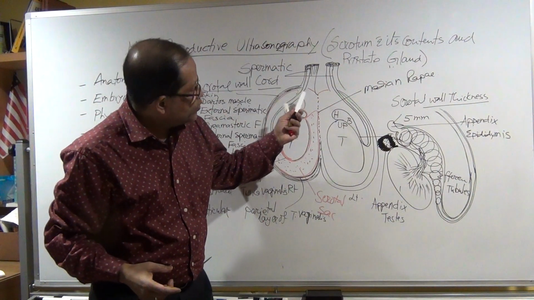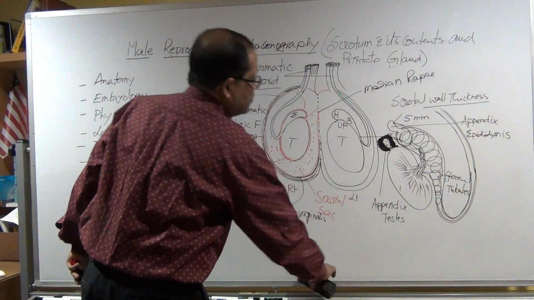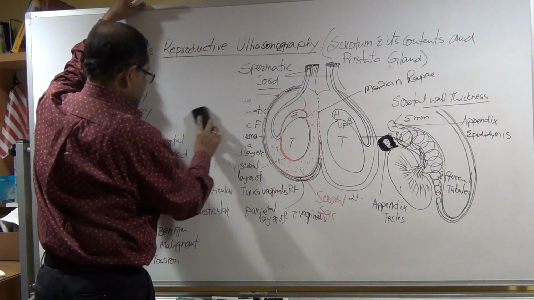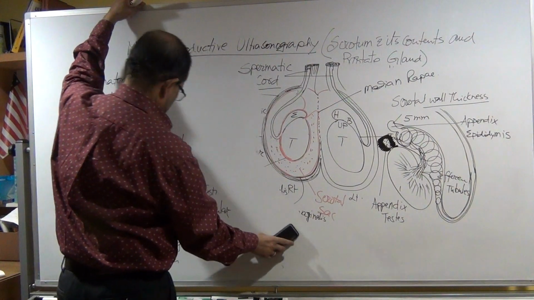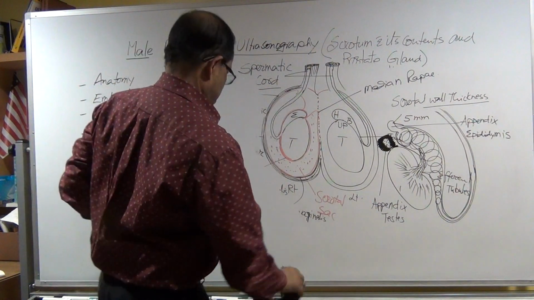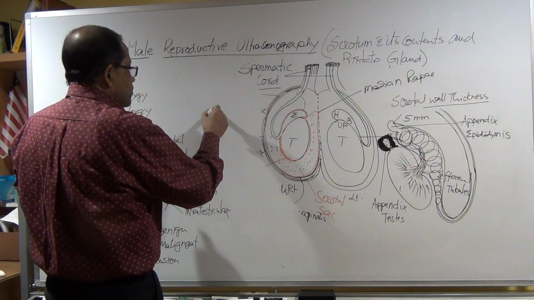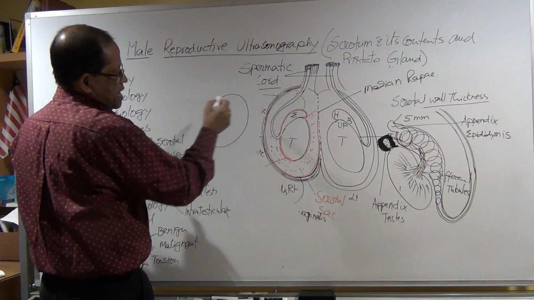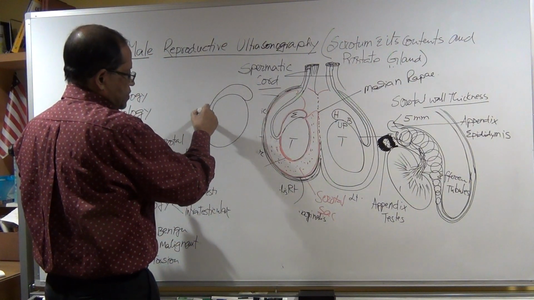Why do I need to know this? If I draw a diagram, then you will say, oh my God, the boy is in danger. Yes, the boys are in danger. Why? Because this is the testis, right? This is epididymis.